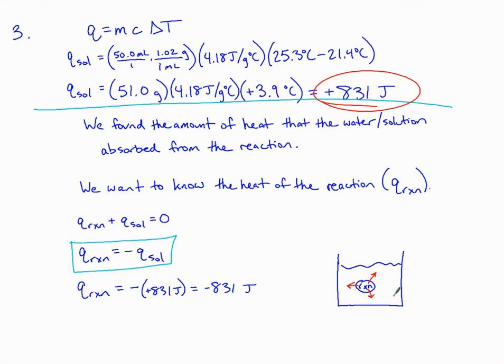So the solution was positive because it keeps getting energy added to it. And the reaction is negative because it keeps losing energy. It keeps giving energy away. If you have $100 and you keep giving money away, the amount of money you have is decreasing, like this, decreasing.